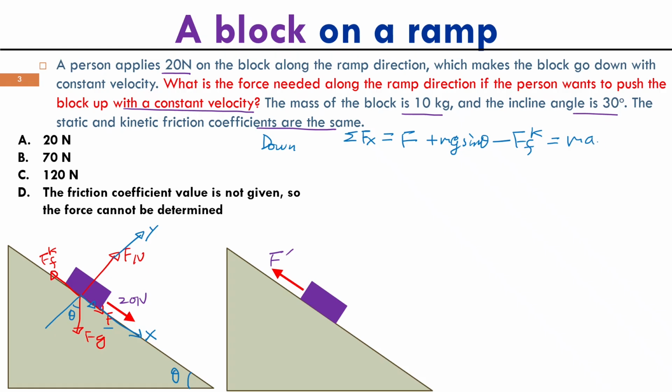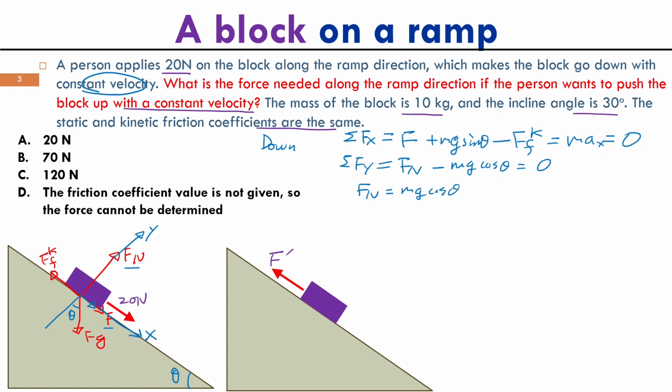mass times acceleration. In this case, because it's moving down with constant velocity, the acceleration is 0, so this is 0. And along the y direction, I have the normal force Fn, and the perpendicular component of gravity, which is minus mg cosine theta, which equals 0 too. So I can find my normal force: Fn equals mg cosine theta.